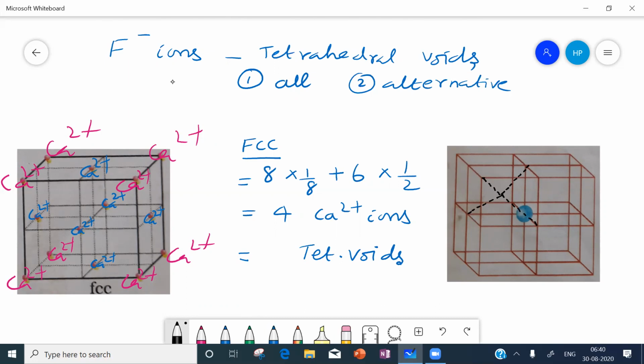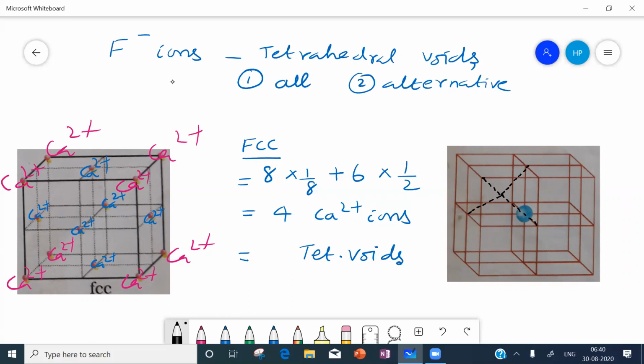We got a tetrahedron at the center of this small cube. This is called a tetrahedral void. In this small cube, the center point is called a tetrahedral void.